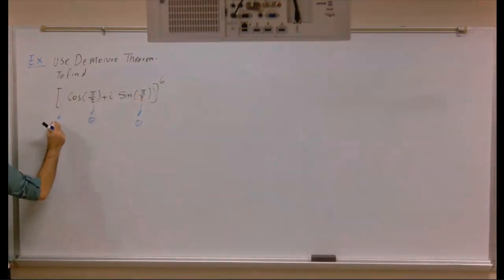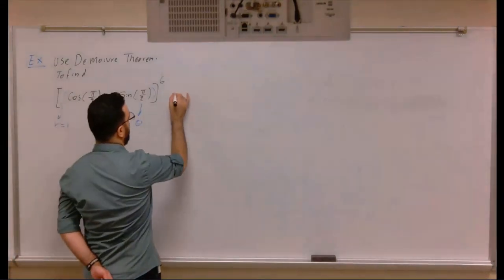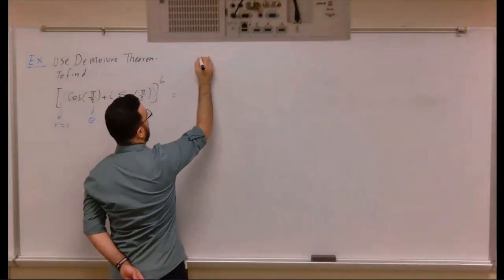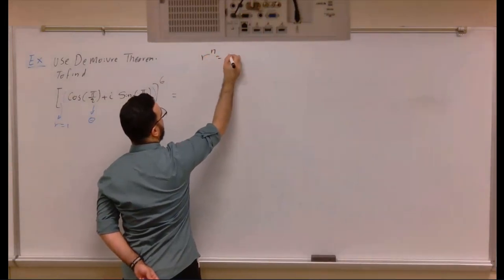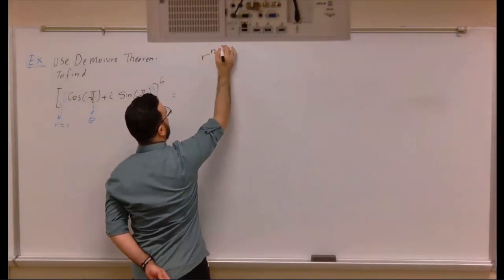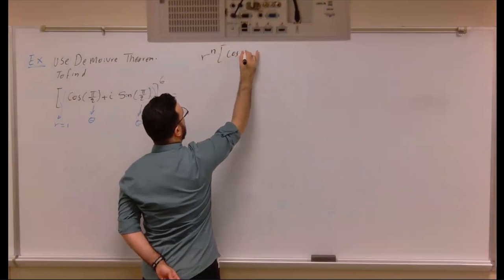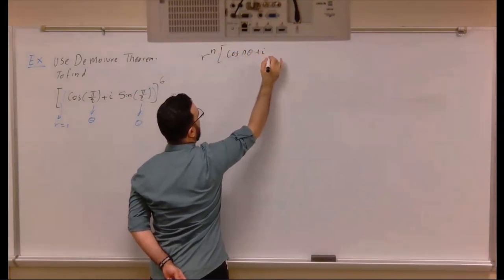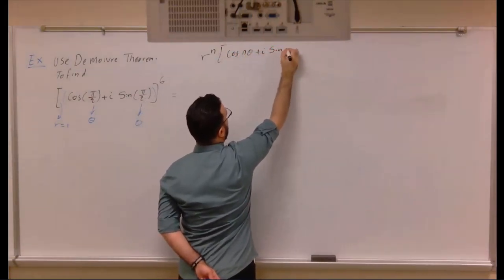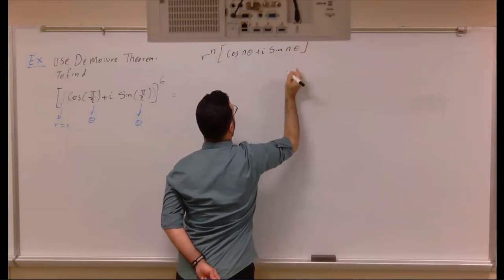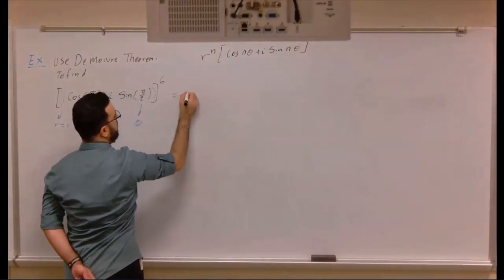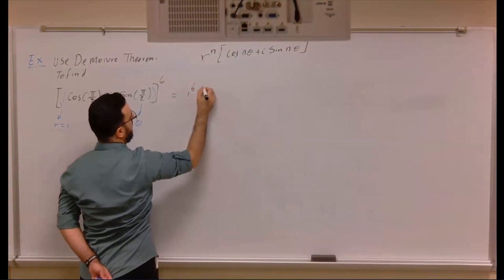So the r is going to equal 1. The rule says r to the power n cosine n theta plus i sine n theta. That means 1 to the power 6 is not going to change anything.